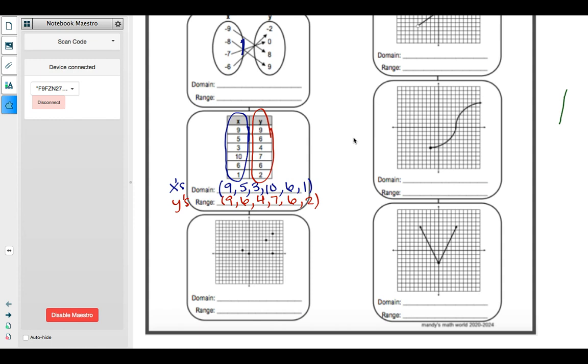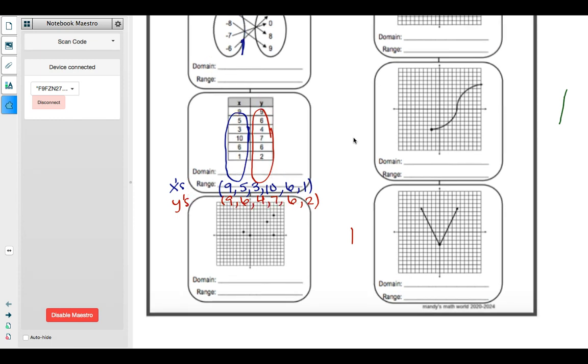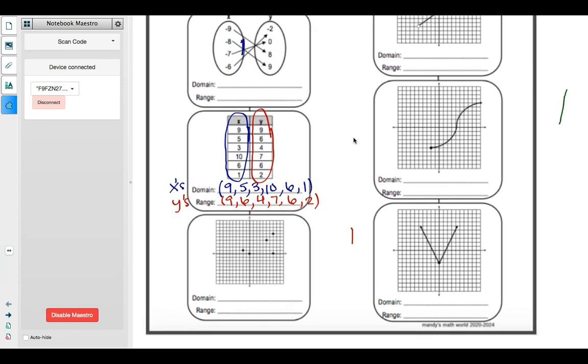Okay, so now we're going to see a little bit different kind of graph in the sense that it has points only. Okay, so let's look at it a little bit differently. Okay, so here are my points. Okay, they're right there. And again, I think the easiest way is just to make a table.